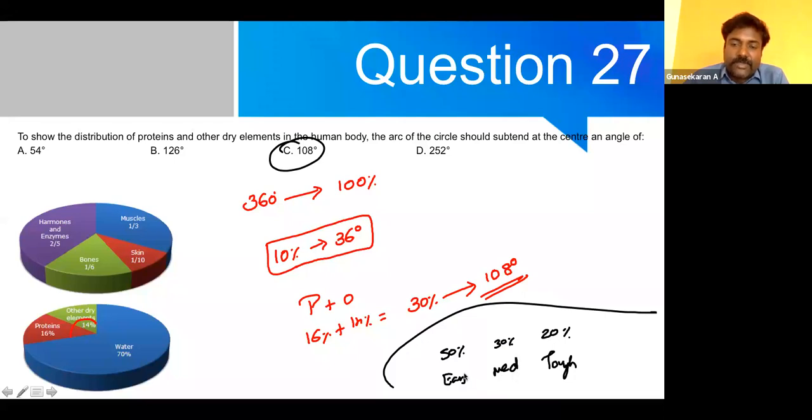So that's why I'm blindly saying skip the question if it is tough. Don't lock in that question. That is more important. You have to come out of that question. It's not about attending all the questions. Definitely 20% tough questions will be there. That may be a data interpretation question, a percentage question, or a simple equation question. You should not get stuck in our exams.